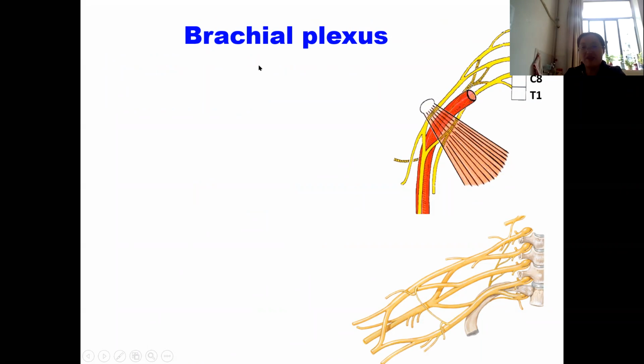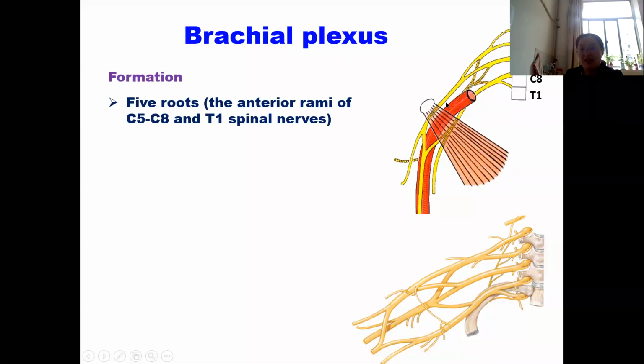You can explain that the brachial plexus is composed of the ventral ramus or anterior ramus of C5 to C8 and part of the anterior ramus of T1.